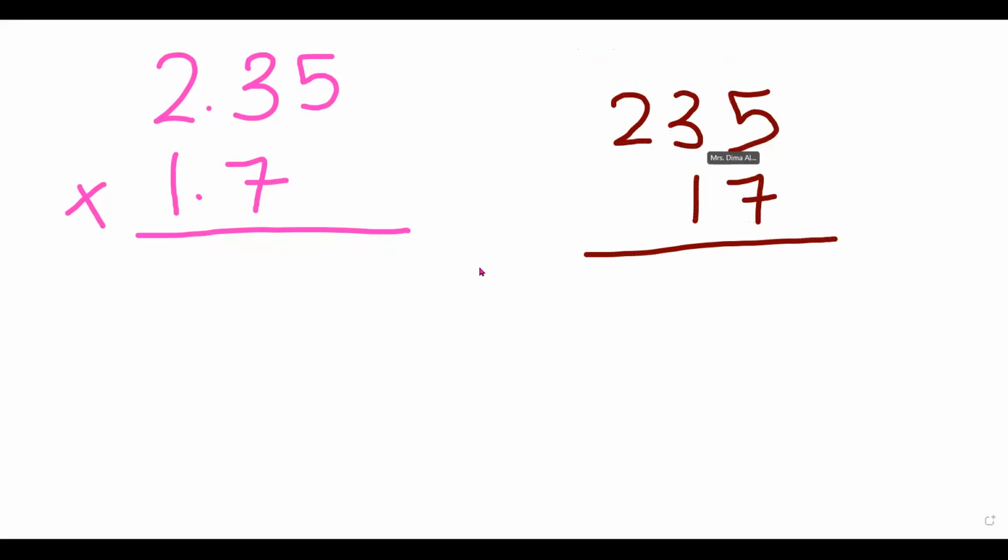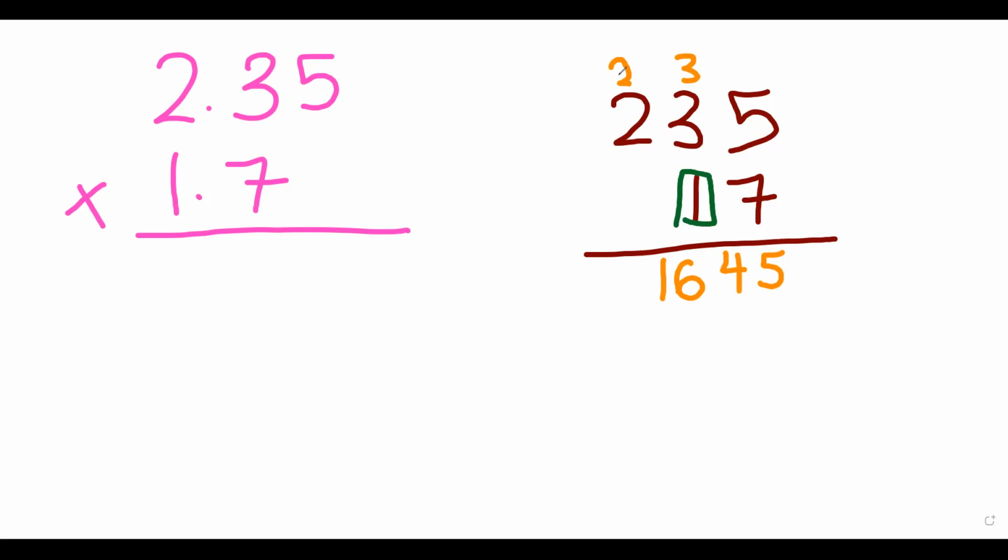You will say 5 times 7 is 35. 7 times 3, 21, plus 3, 24. 7 times 2, 14, plus 2, 16. Then I will go to multiply the tens.